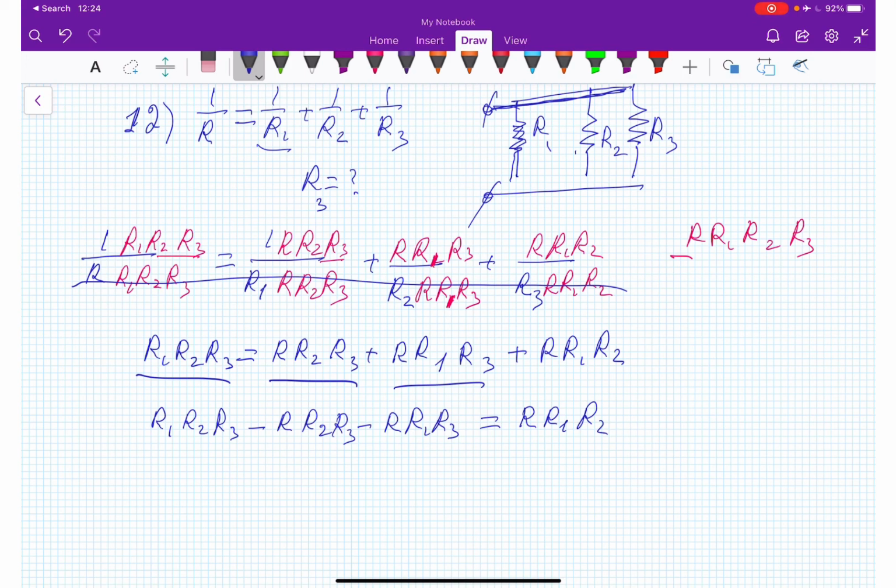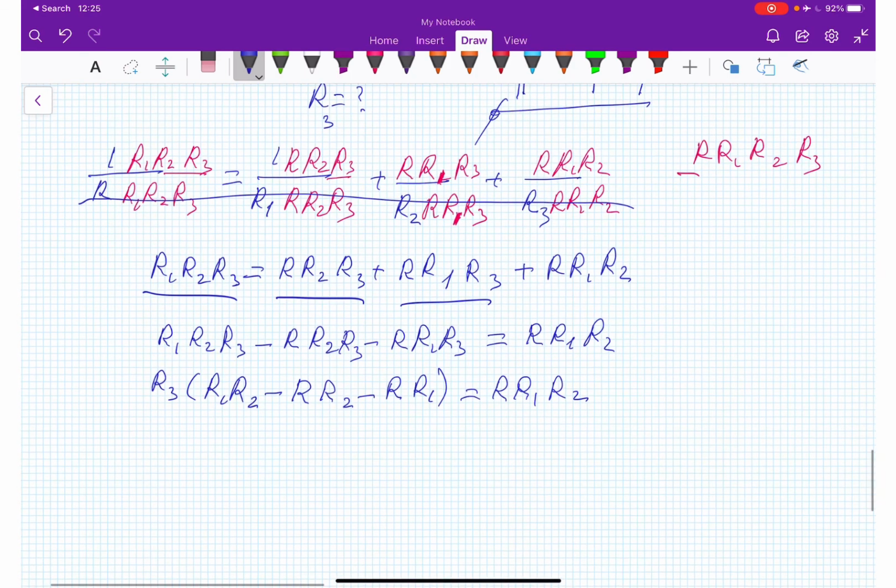Okay, I'm taking R3 out, and I will have R1, R2, minus R, R2, minus R, R1 is equal to R, R1, R2. Okay, to find R3, I'm going to divide by this entire parenthesis, R1, R2 minus R, R2 minus R, R1.